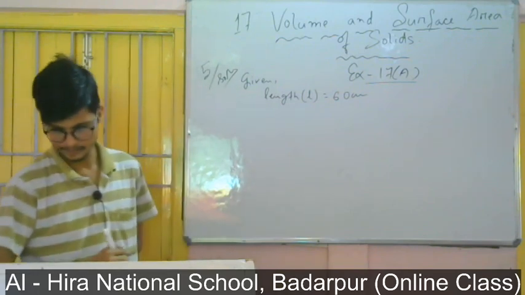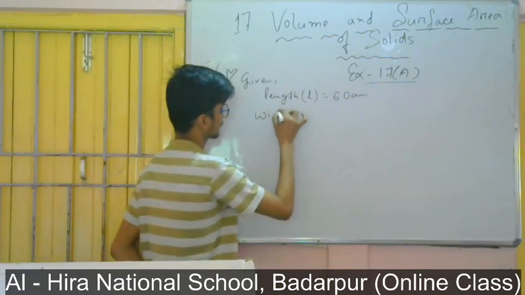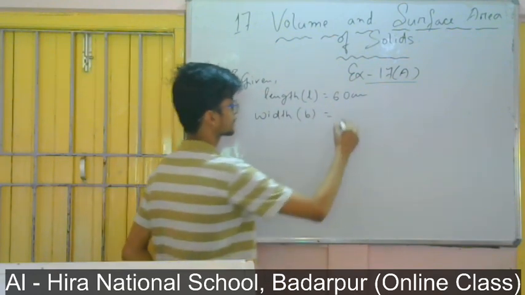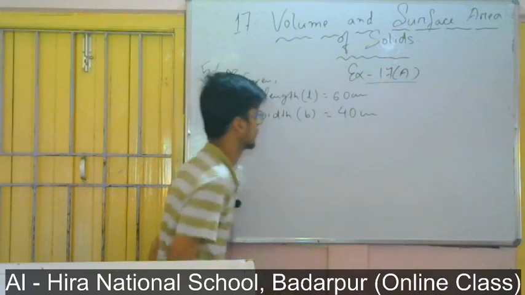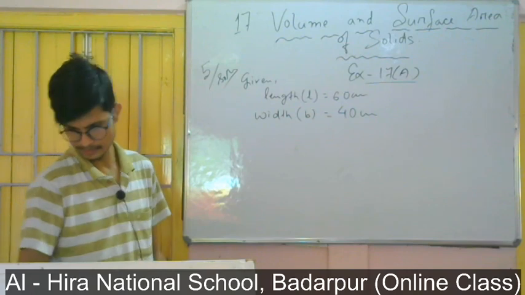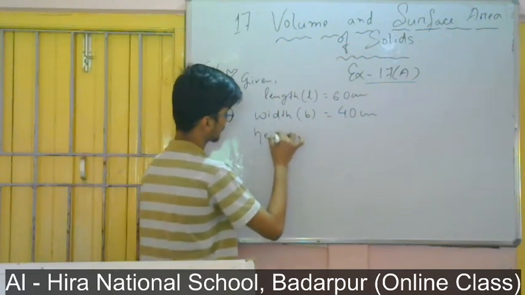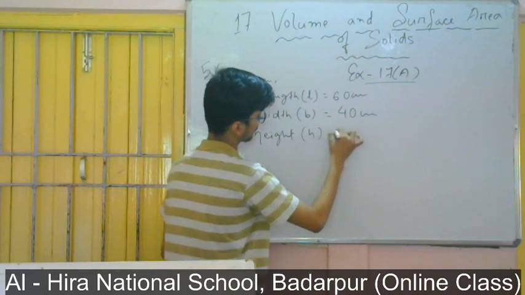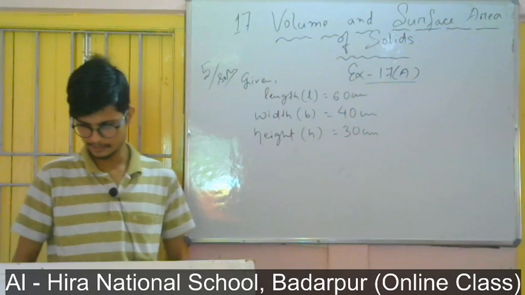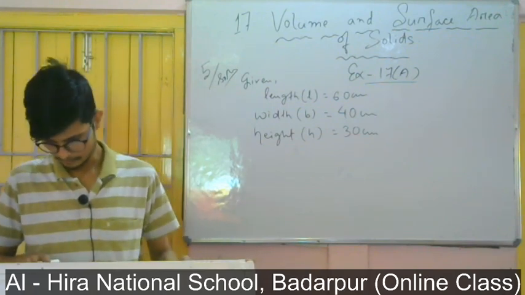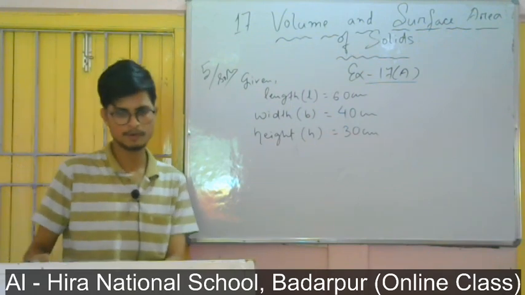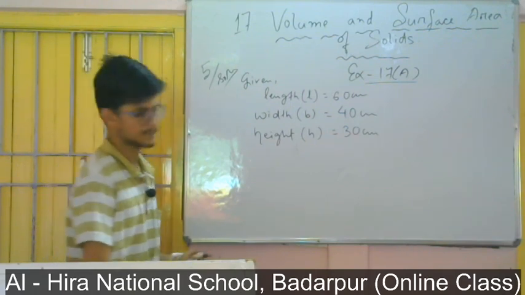Then the width, you give the initial as B. Width and breadth are the same thing. And height is given as 30. Length is 60, width is 40 and 30 is the height. First of all we'll find the total surface area.